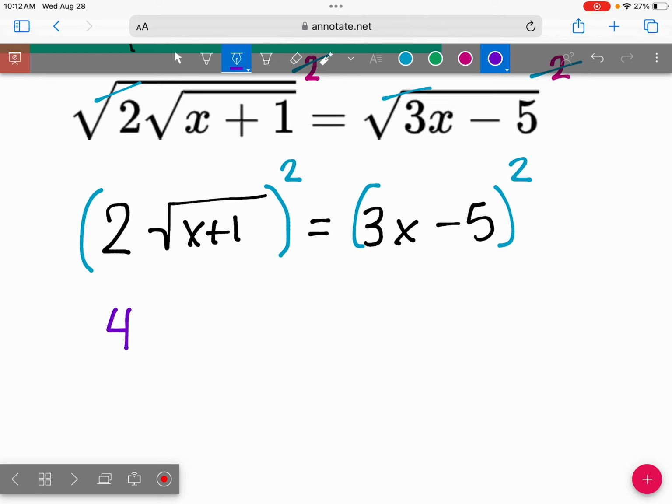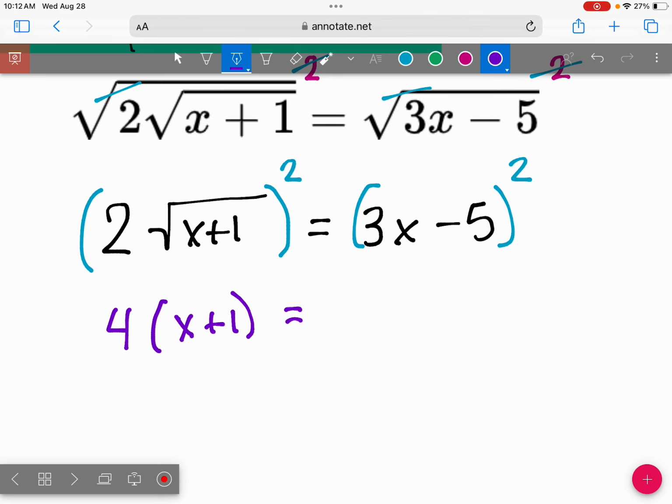4 times the quantity x plus 1. So 4 times parentheses x plus 1. That's a tricky part on that step. It's 2 times something squared, so it would be 4x squared if it was just an x. So the quantity has to be there.